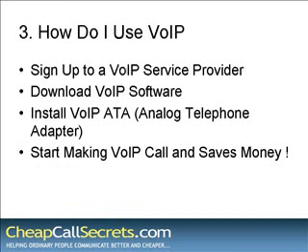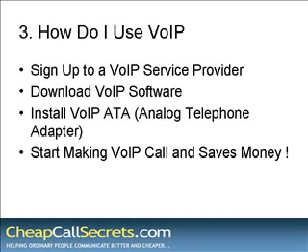How do you use VoIP? It's very simple. Basically, you need to sign up to a VoIP service provider. There are tons of VoIP service providers, and I'm going to show you which one is worth signing up. And after that, once you get an account, username and password, then you download the VoIP software.